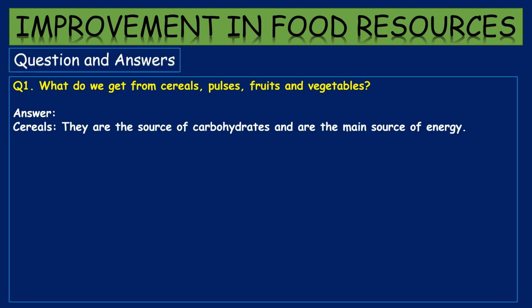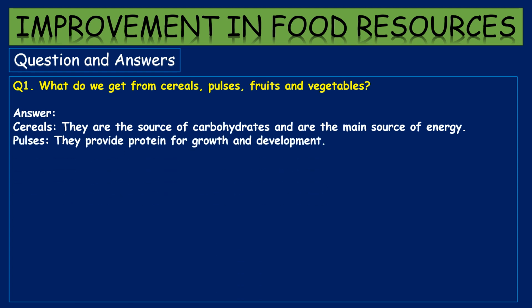So from cereals like rice, maize, wheat and all the examples of cereals, we can get carbohydrate. They are rich in carbohydrate. This carbohydrate is the main source of energy for us.